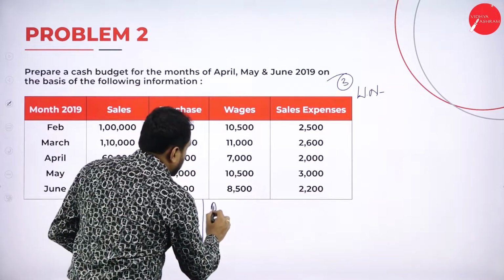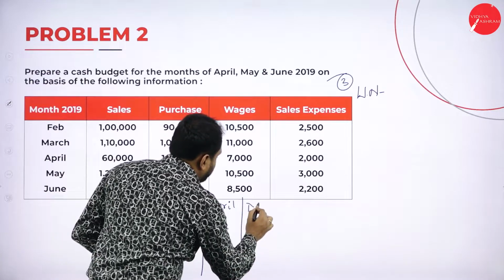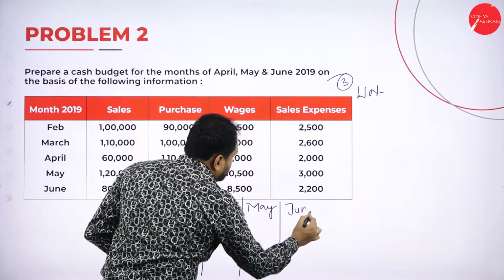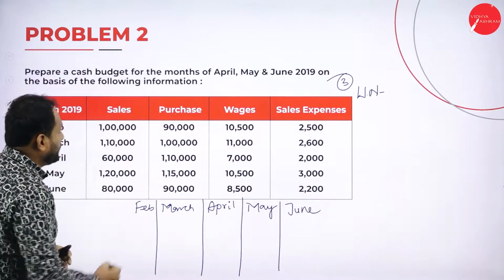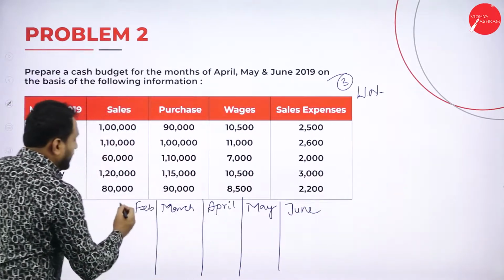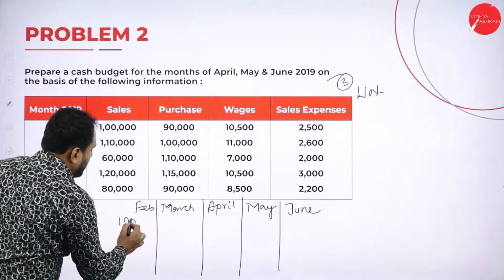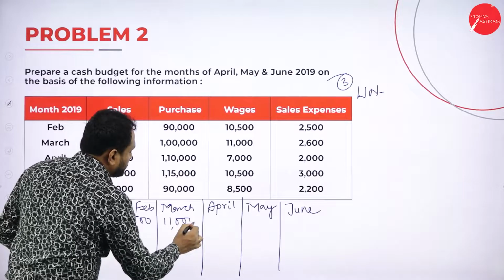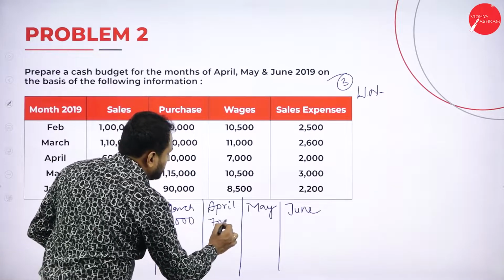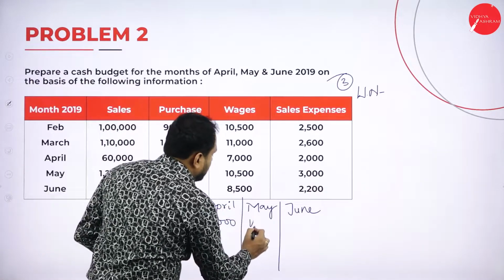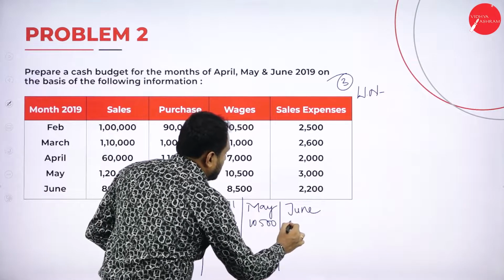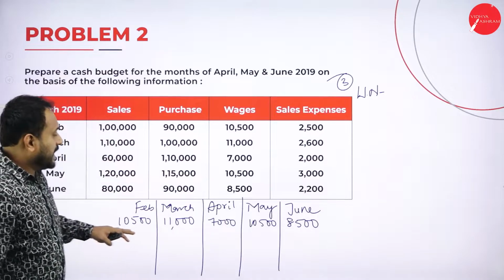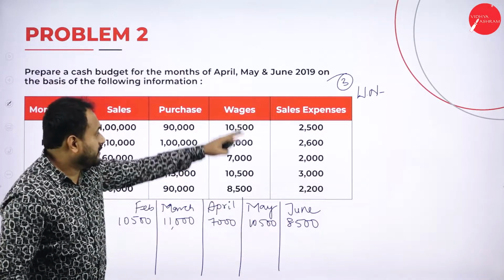Okay, now we will write as it is. Wages is here 10,500, then 11,000, next is 7,000, next is 10,500, 8,500. Done. This is what the wages are according to the question.